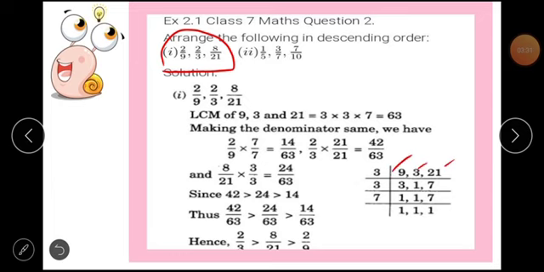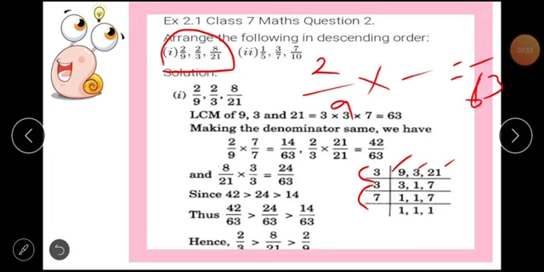Your LCM will be 3 into 3, that is 9, and 9 into 7, that is 63. So you will get LCM 63. Your first number is 2 upon 9, means you have to make its denominator 63. So how can you convert its denominator into 63?